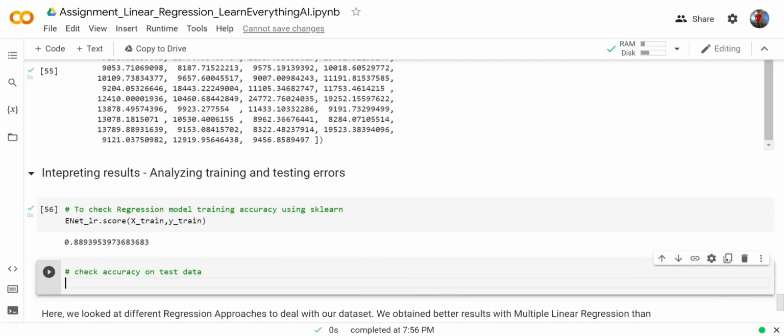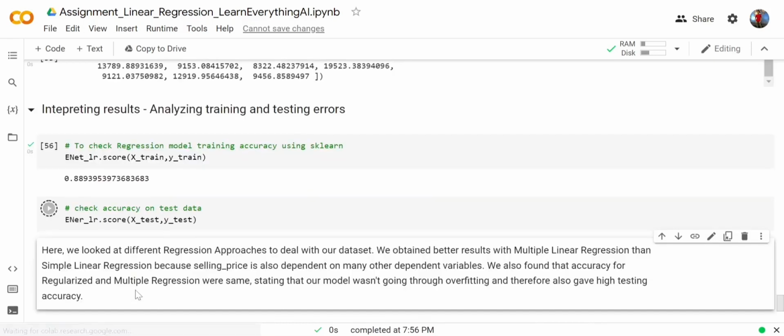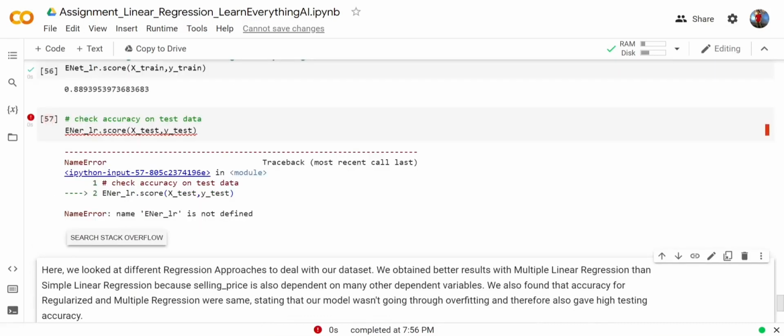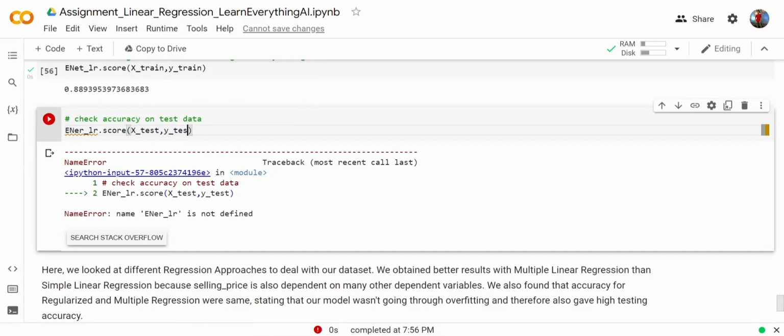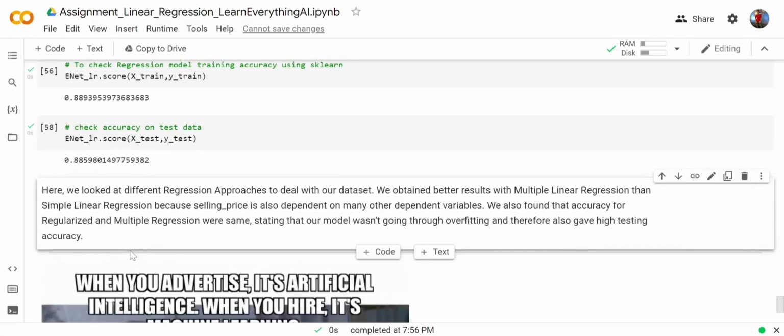So there is no great difference, and we can then safely conclude that our model had not overfit, and even the regularization technique showed us that the accuracy and the score was simply the same.